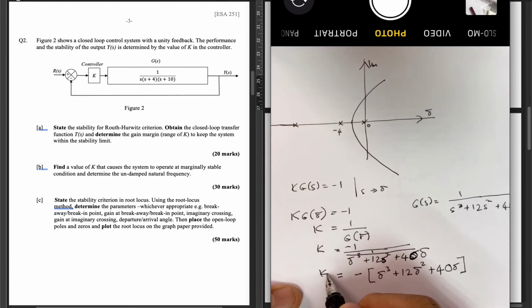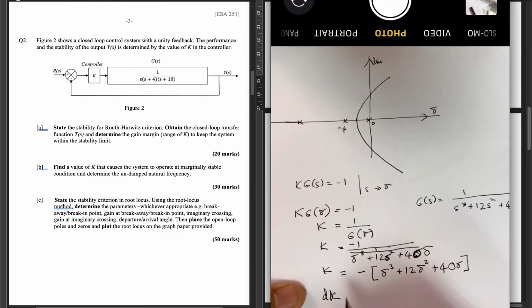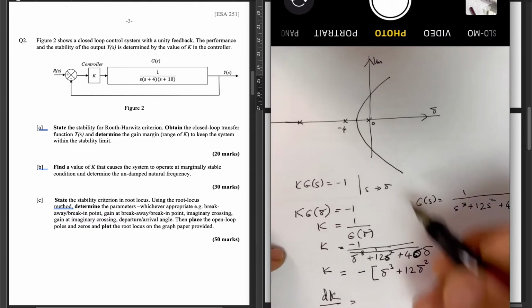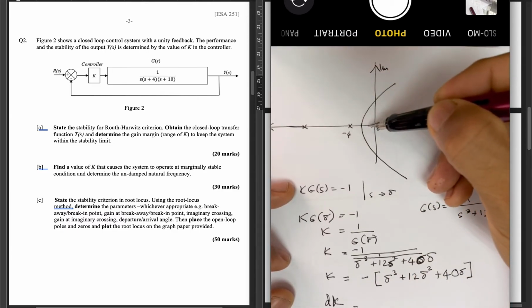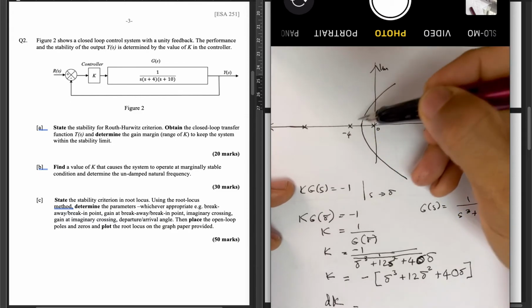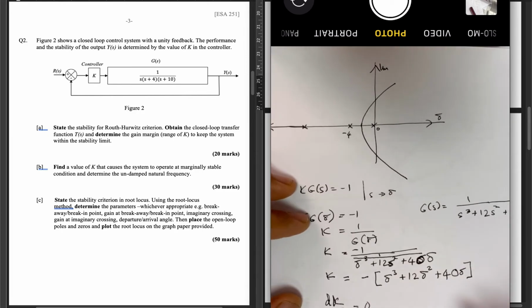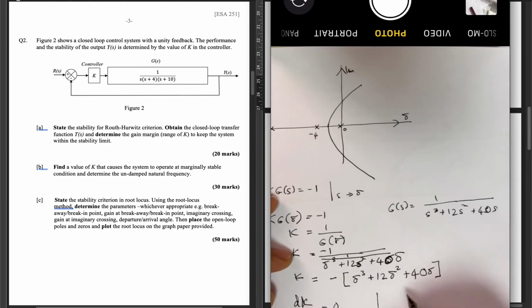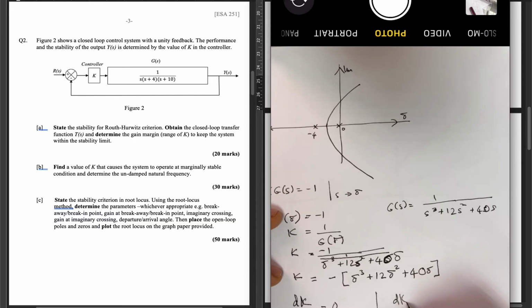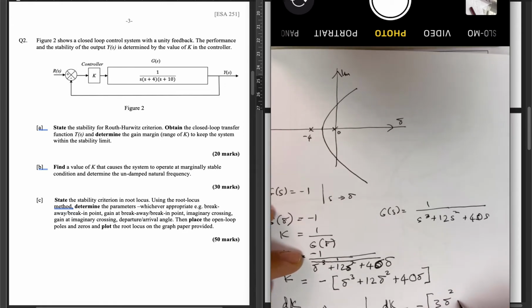Then we have to differentiate dk over d sigma so that we can find a curve that actually intersect with the line, right? That we can find the equal to 0. Okay, so dk over d sigma equal to minus 3 sigma squared plus 24 sigma plus 40.